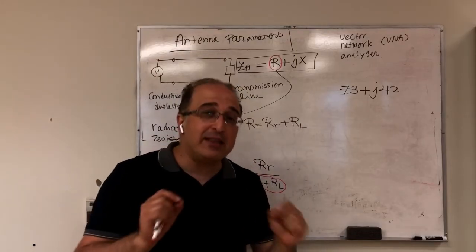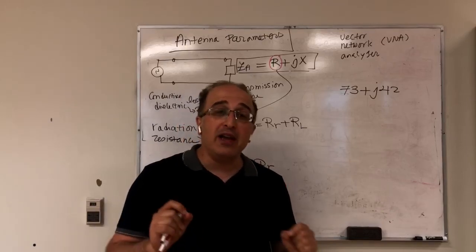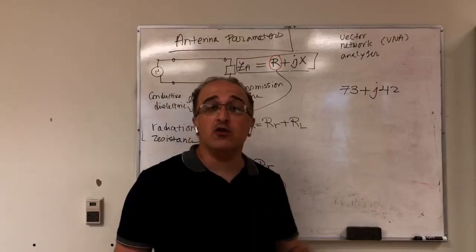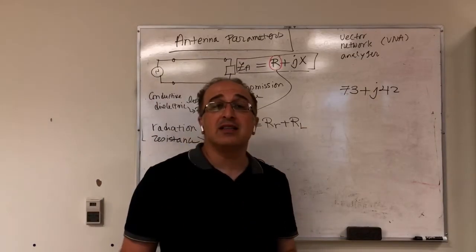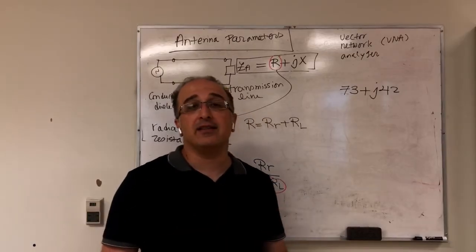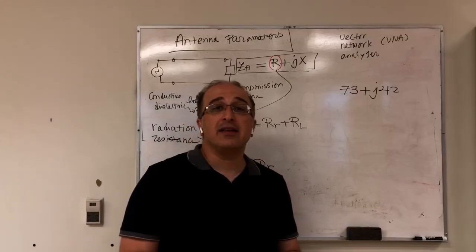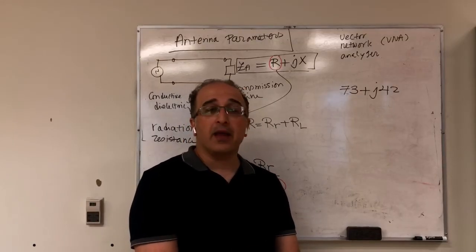So we play with the antenna a little bit. Specifically in that example, we're going to play with the length of the antenna a little bit to bring that J42 very close to zero, so that this becomes almost 73. Now we say, okay, the antenna is at resonance. That would be something that's important for our application.